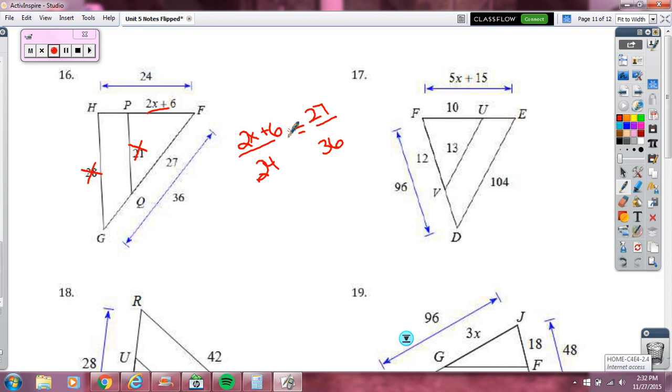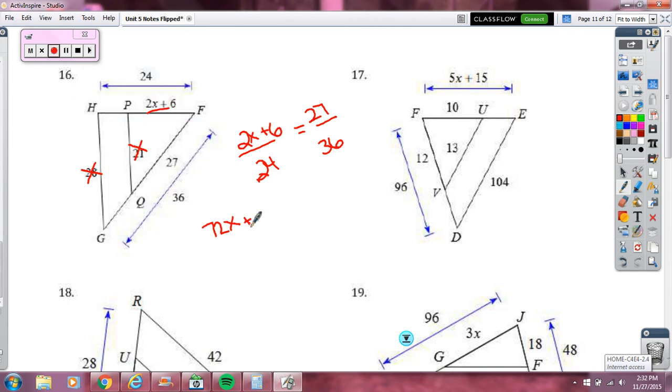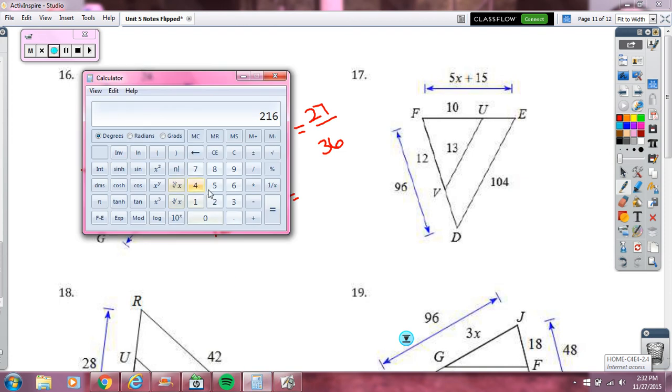Now's where it gets gross. Cross multiply. So 2 times 36 is 72x. 6 times 36, I don't remember right offhand. 6 times 36, 216. And that should be equal to 27 times 24, 648.